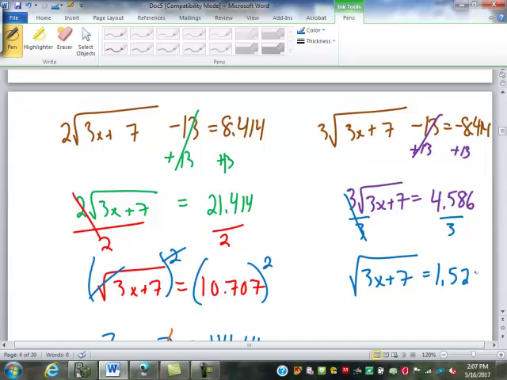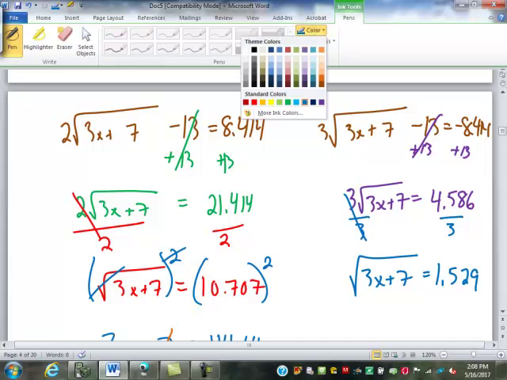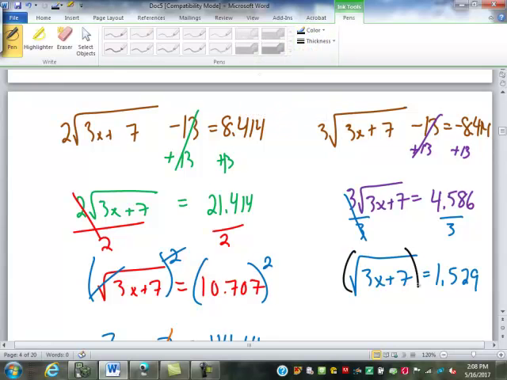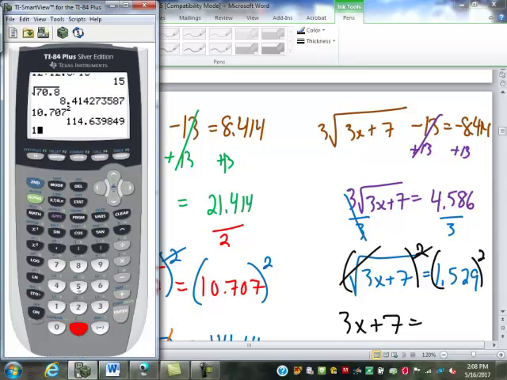We're going to call that. Next, we got to square this to get rid of the square root. So that cancels out the square root. 3x plus 7 equals 1.529 squared. 2.338, we're going to call that.